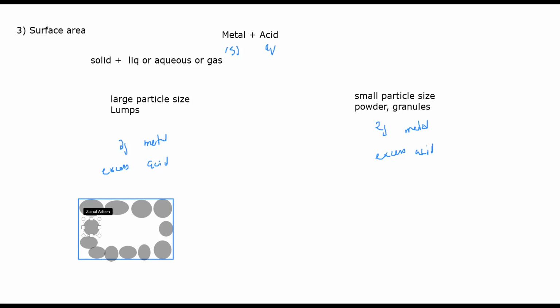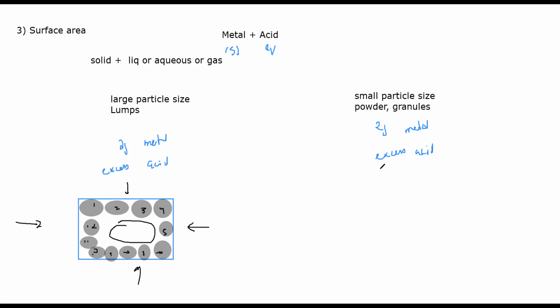So how many particles can react here? 1, 2, 3, 4, 5, 6, 7, 8, 9, 10, 11, and 12. When we add an acid, these are the particles exposed to the surface, so only they can react. The particles which are inside initially cannot react because they don't have any contact with the acid.